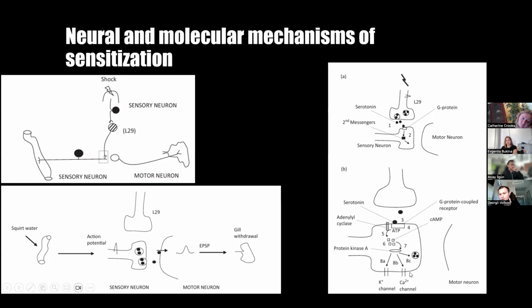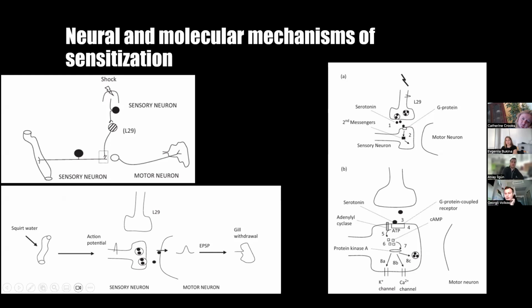So, for example, the incorporation of new calcium channels, the incorporation of new potassium channels, which by three different mechanisms allow the release of more neurotransmitters, and some genetic changes that occur in the cell of the sensory neuron.